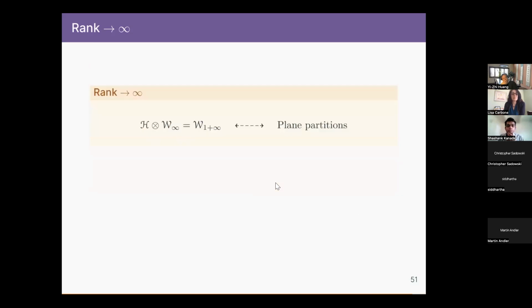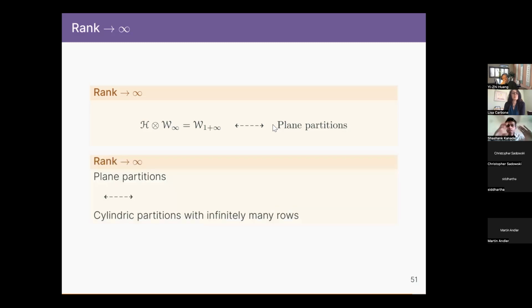So physicists tensor this W infinity with Heisenberg and get W_{1+infinity}. This is really what is related to plane partitions. When you truncate the plane partitions, you get cylindric partitions. Another way of saying that is that cylindric partitions with infinitely many rows are really plane partitions, because you lose the rotational symmetry if you have infinitely many rows.